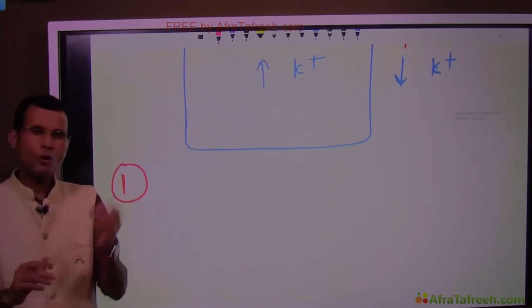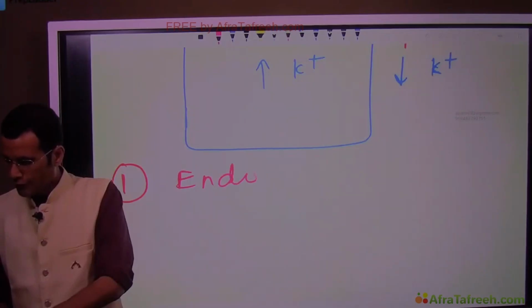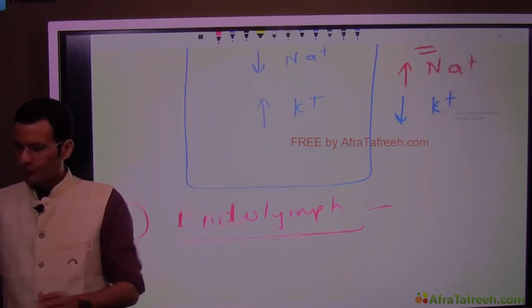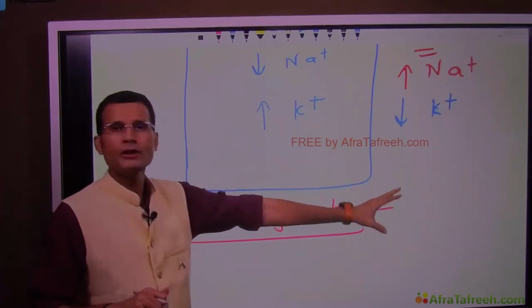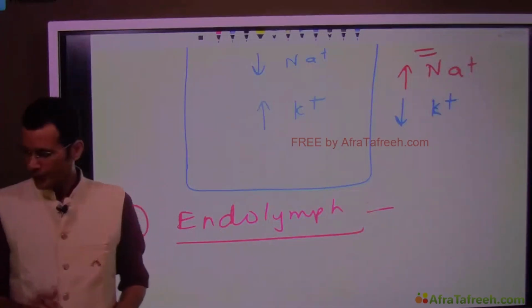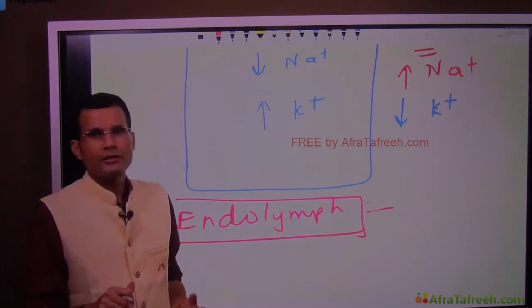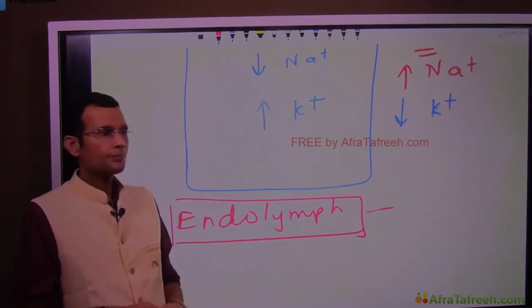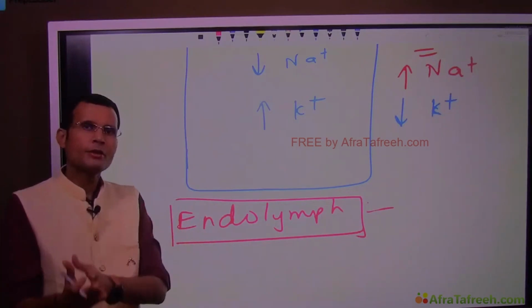Just a small conceptual point about the endolymph. We have mentioned that potassium is low in concentration in the ECF. There is only one exception, and that's endolymph. In our labyrinth in the inner ear, one part is the vestibular apparatus, the other is the cochlea.